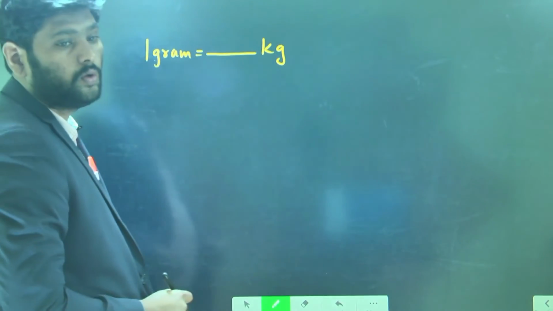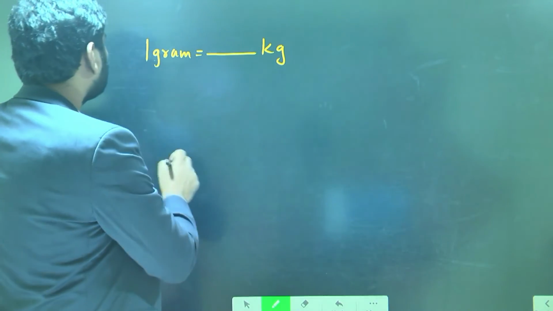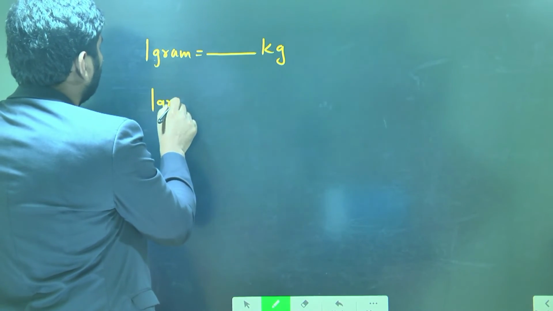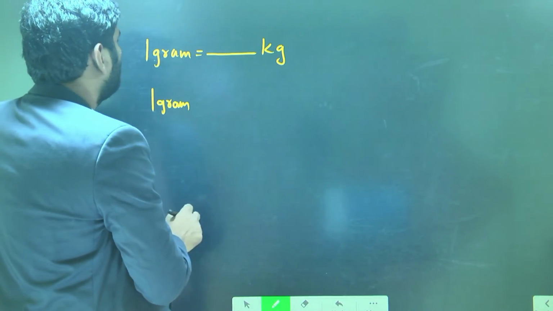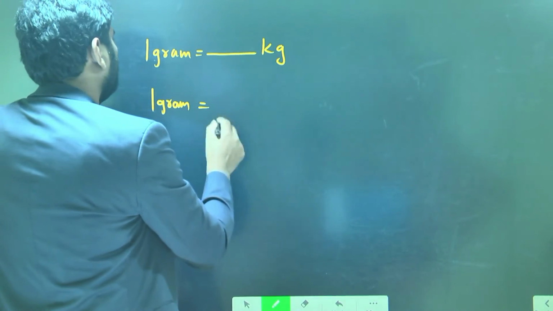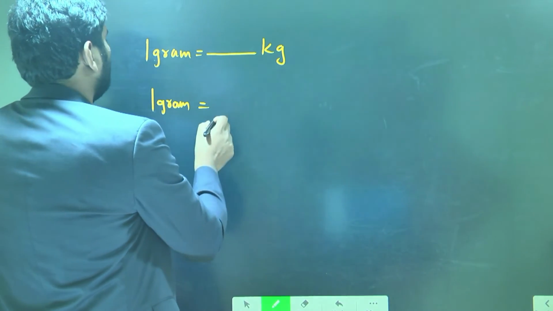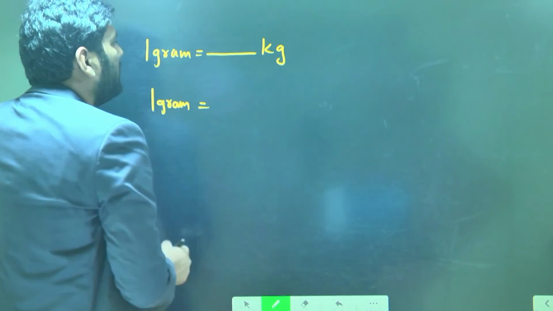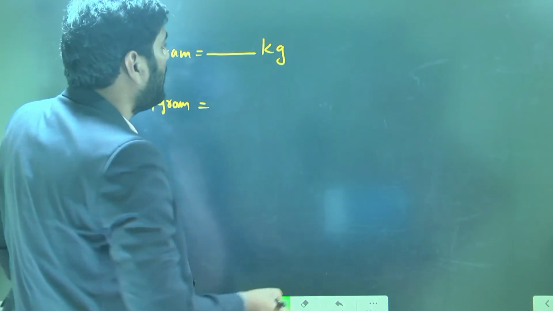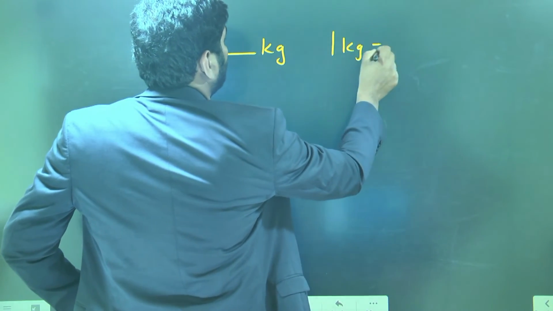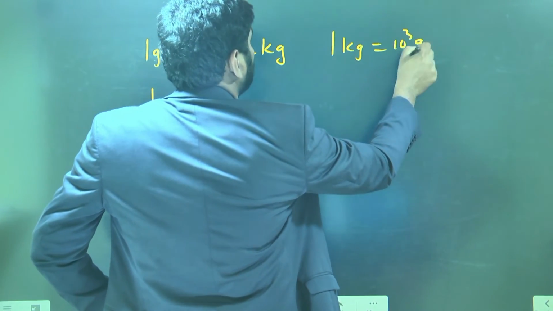Already we know that 1 kg is equal to 10 power 3 grams.